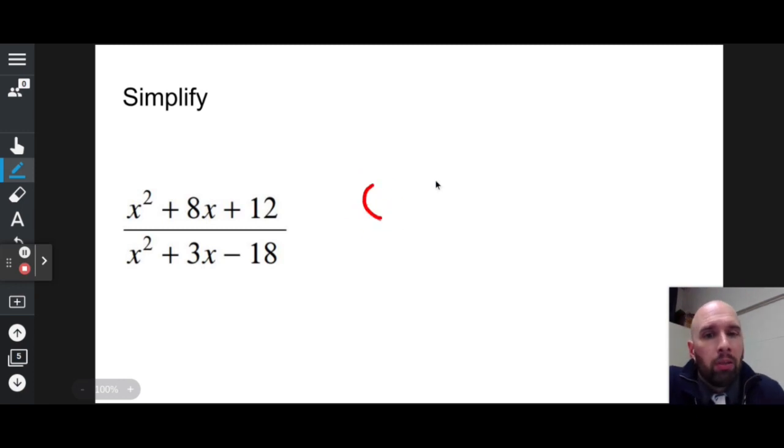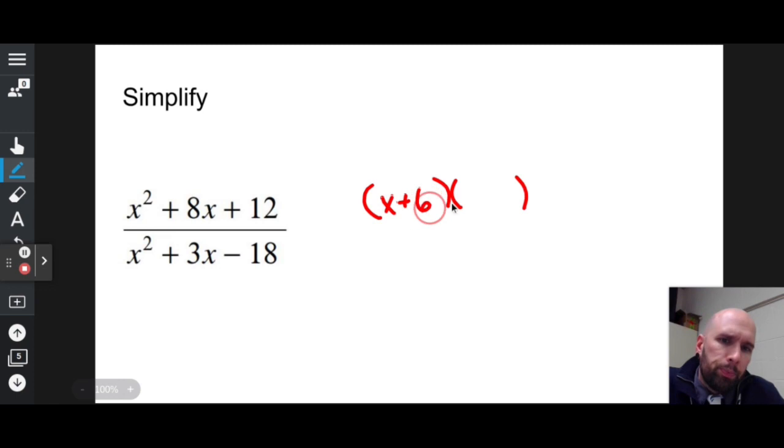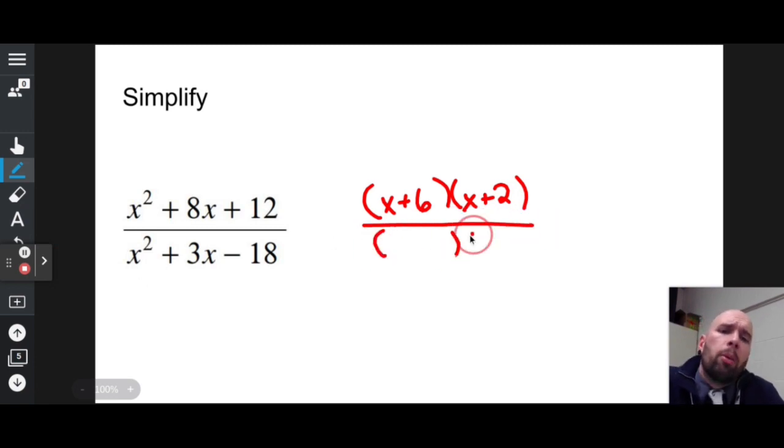So I'm going to attempt to factor the numerator. I need to come up with two numbers whose sum is 8 and whose product is 12. So that would be 4 and 4? No. 6 and 2. So x plus 6, x plus 2. Down here, I need two numbers that add up to positive 3 but multiply out to negative 18.